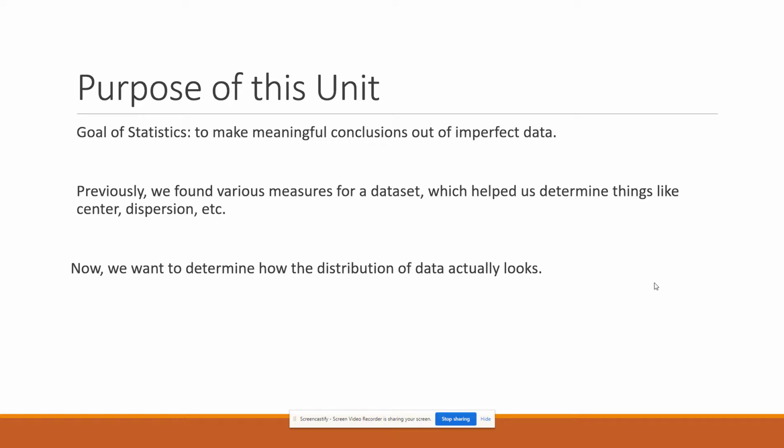If you have all the data, it's not statistics anymore. If you have all of the data, we call that a parameter. But if we have imperfect data, incomplete data, that's when we still have to make sense out of what we have, and that is the job of statistics.